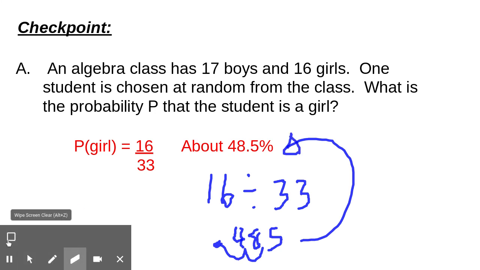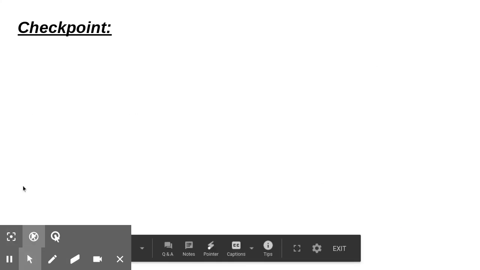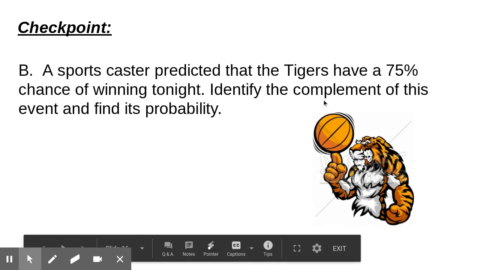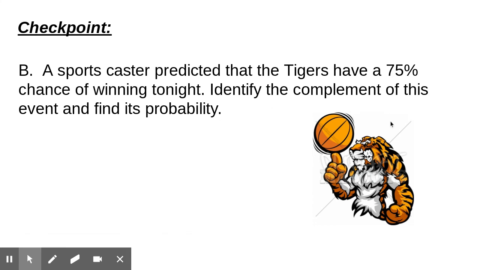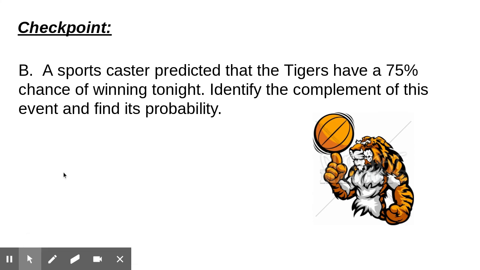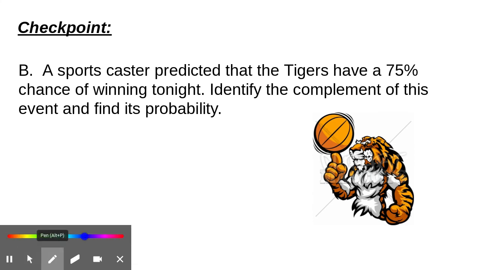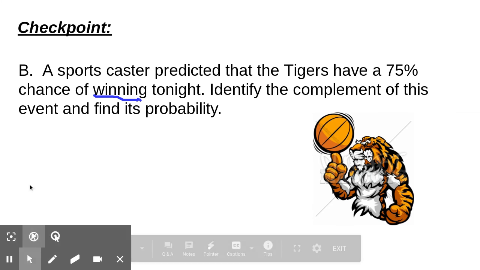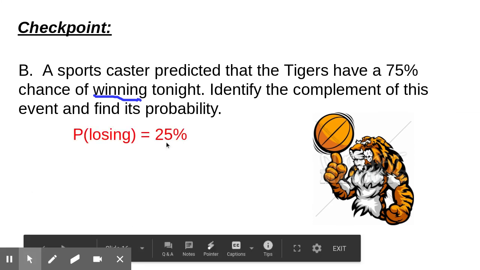All right, let's do one more. A sportscaster predicted that the Tigers have a 75% chance of winning tonight. Identify the complement of this event and then find its probability. Well, if the Tigers have a 75% chance of winning, the complement would be losing, right? The opposite of winning is losing. So the probability of losing is 25%.